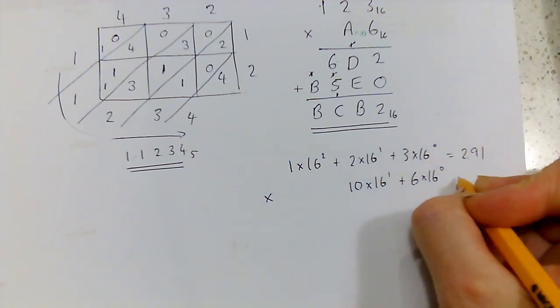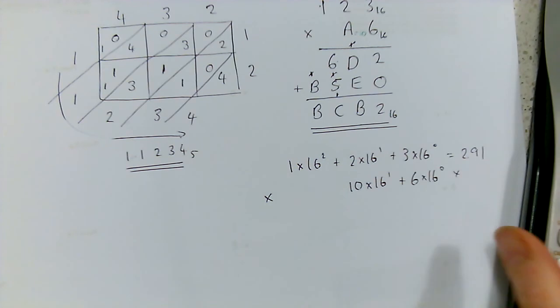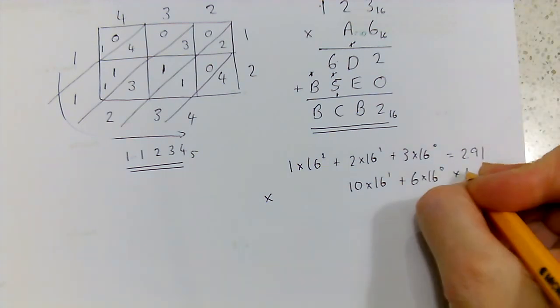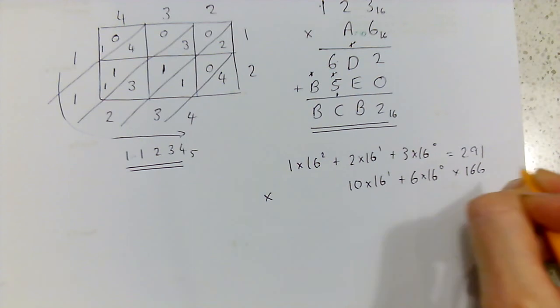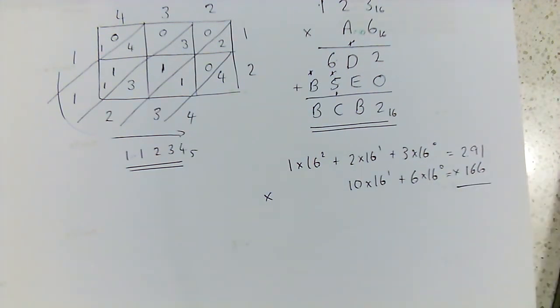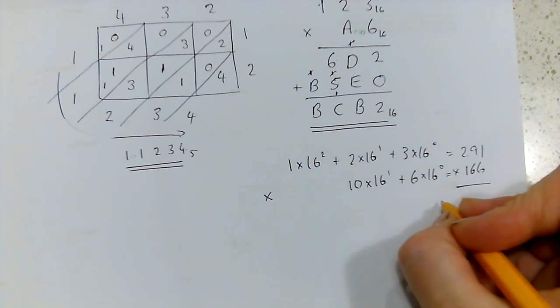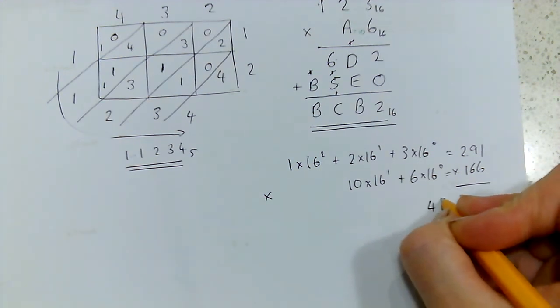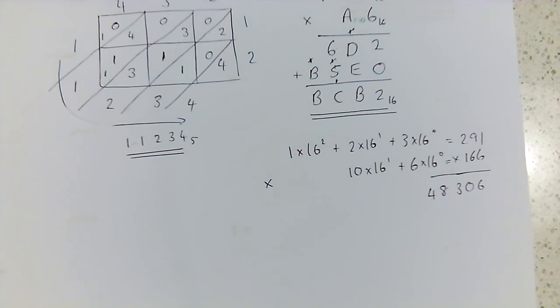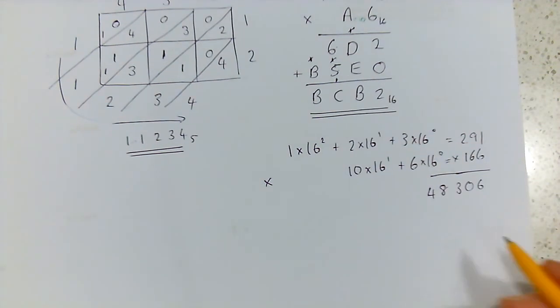So the numbers that we're multiplying are 291, and we're multiplying that by 166. Okay, so I'm just going to do that on my calculator, and that gives us a lovely 48,306 in decimal. So we need to convert that to hexadecimal.